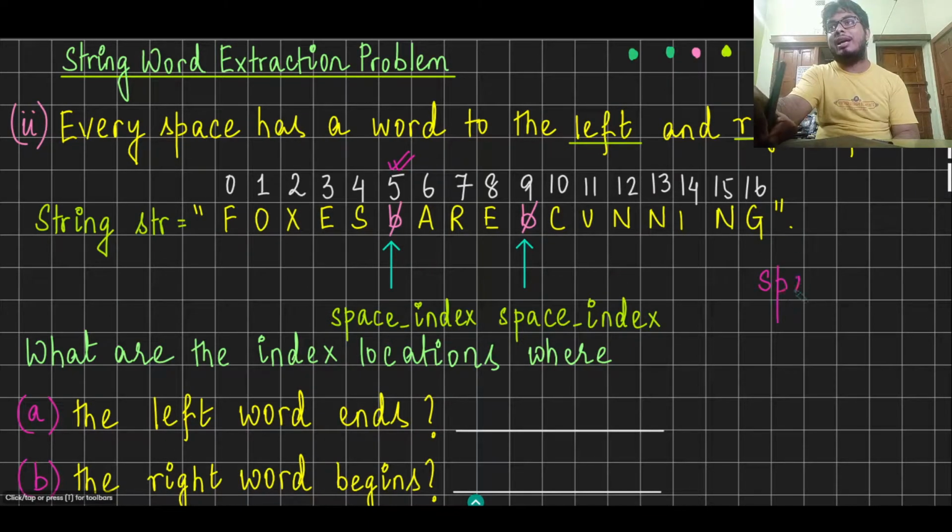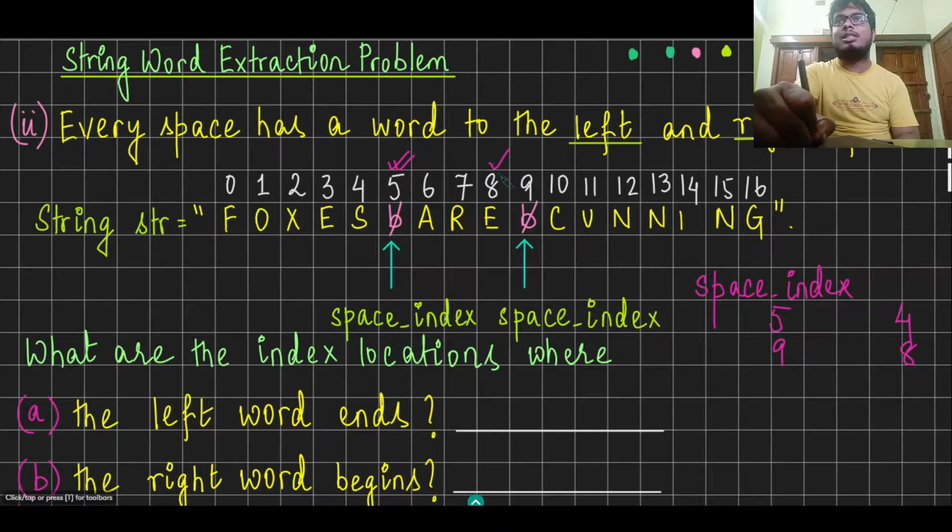So when the space index is 5, the left word ends at index 4. All right. And when the space index is 9, then the left word ends at the index 8. Now, from this, can you notice a pattern? What if the space index is S? Then how do we get the index of the left word?